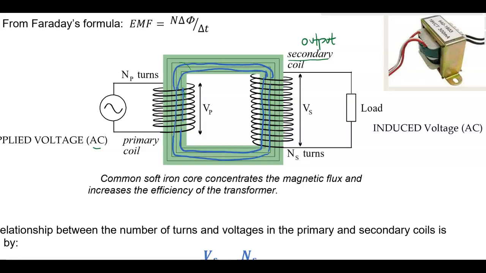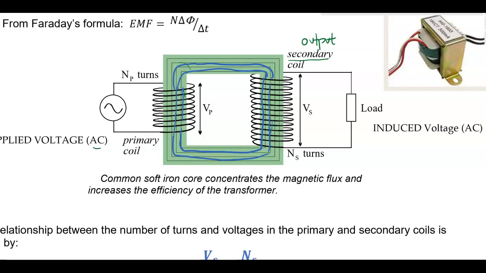It increases what we call the flux linkage, so that the secondary coil experiences that maximum rate of change of flux. Okay? So again, the whole idea of this soft iron core is to concentrate the magnetic field from that primary coil. Okay? Now, that's the basics of it.